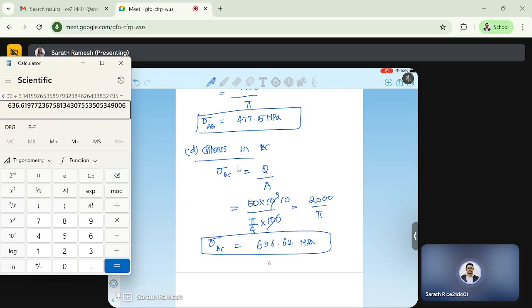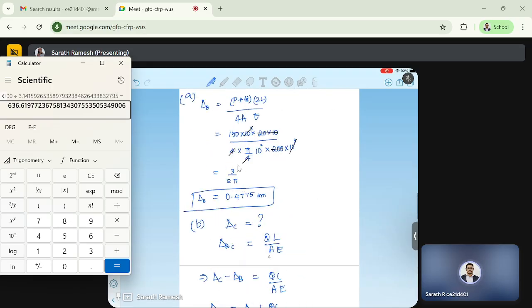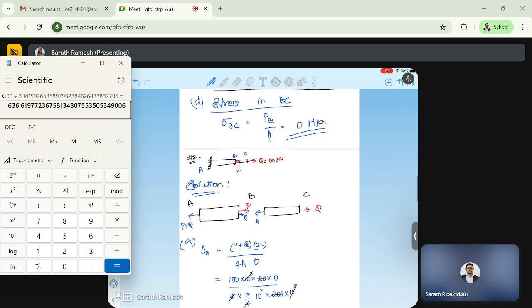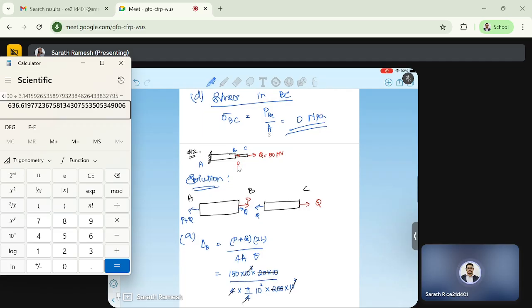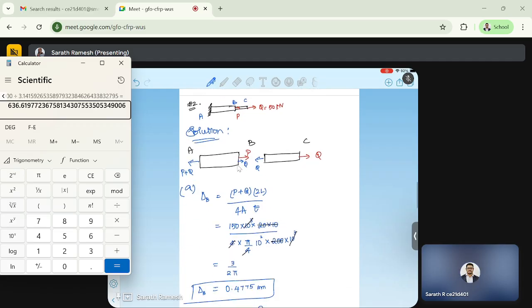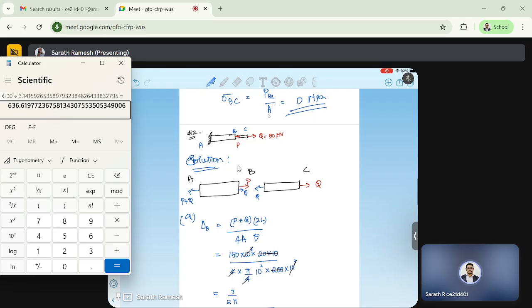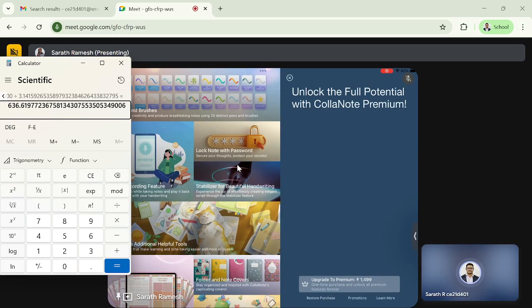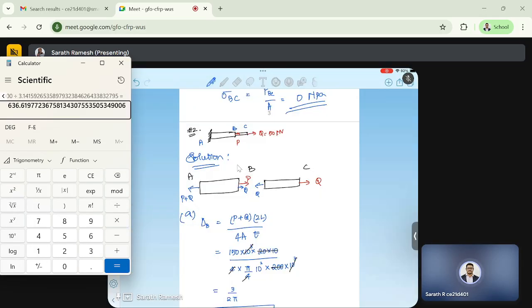Why is it higher? Because if you see the portion BC, it is subjected to two loads, right? Not because of that. Actually, AB is subjected to two loads, but BC is subjected to a single load.